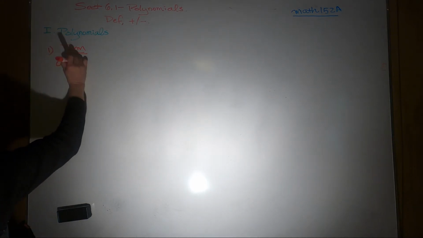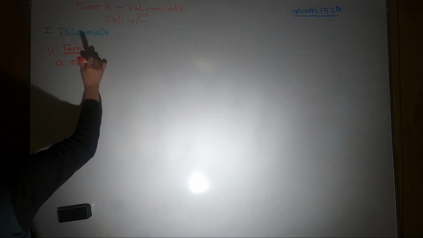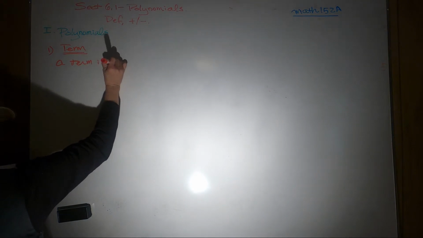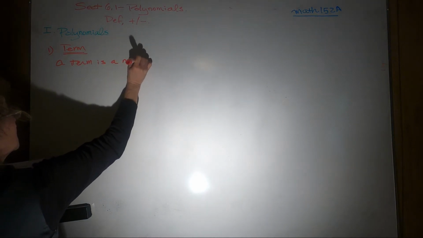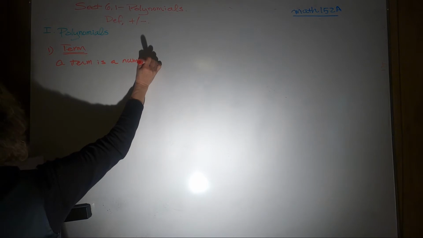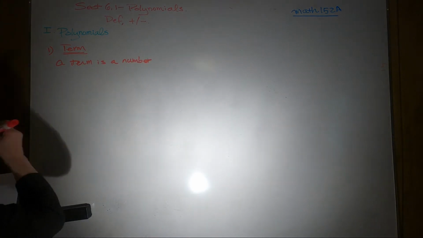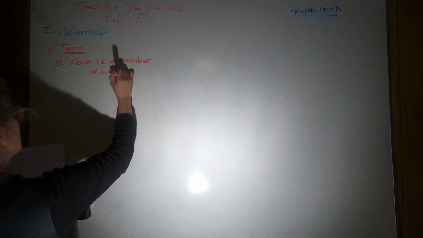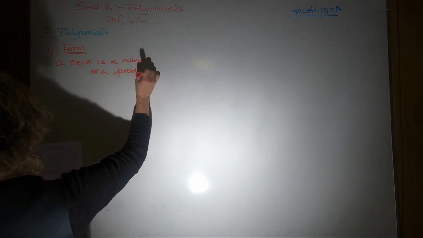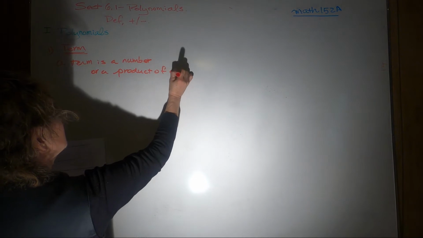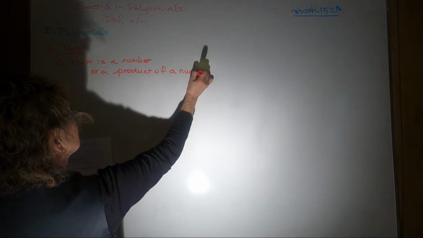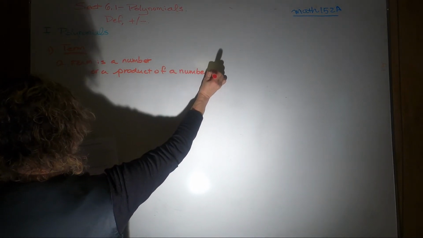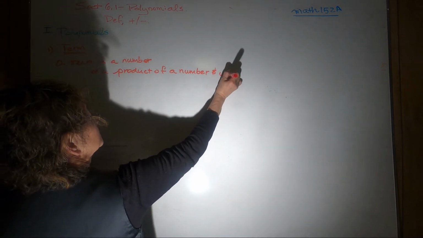So we say a term in math is what? A number, right? It's an item, right? Okay, a number or a product of a number and variables.